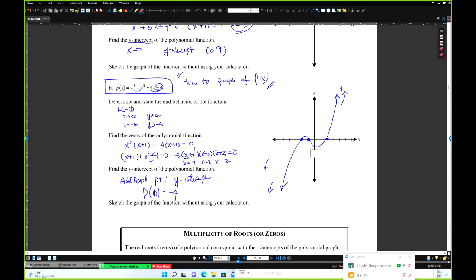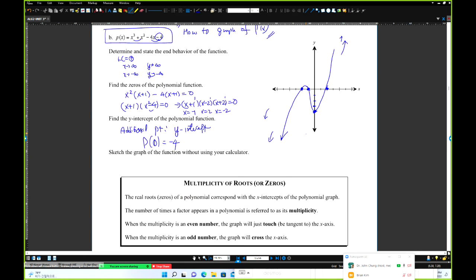This is around 1 over here, that's not negative 4, right? A little nicer looking: 1, negative 1, negative 2, negative 3, negative 4. It's going to pass this one. Much nicer looking, so adjust a little. This is much better, right? Yeah, this is the way to graph polynomial functions.